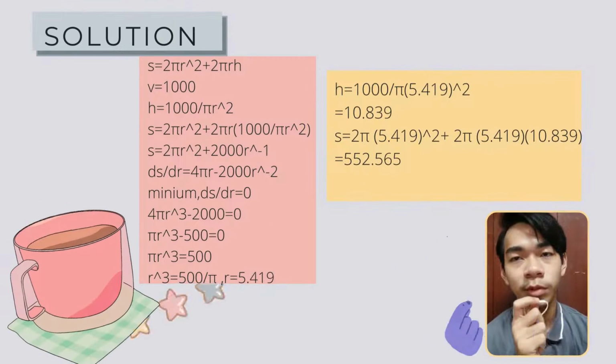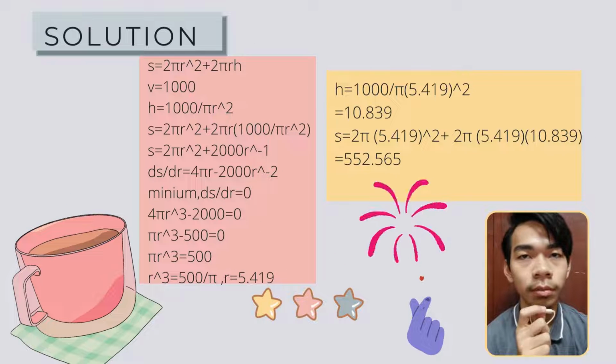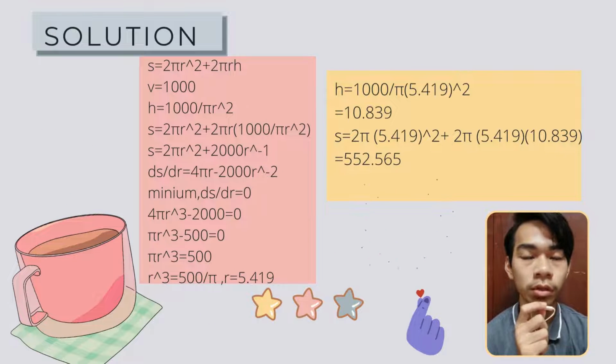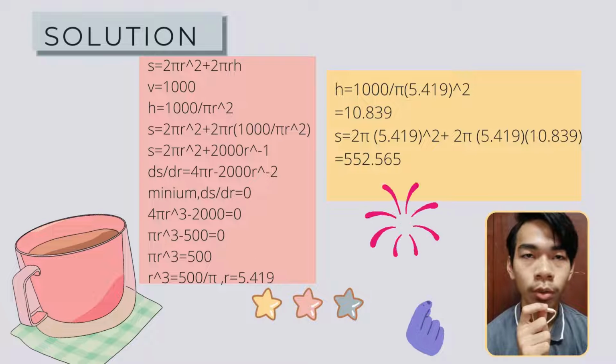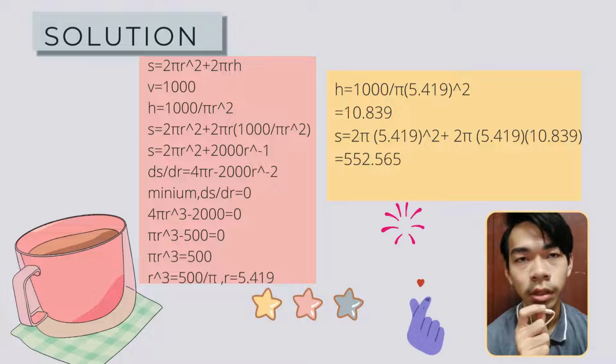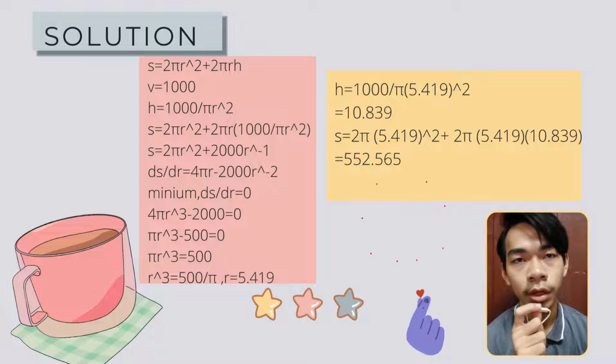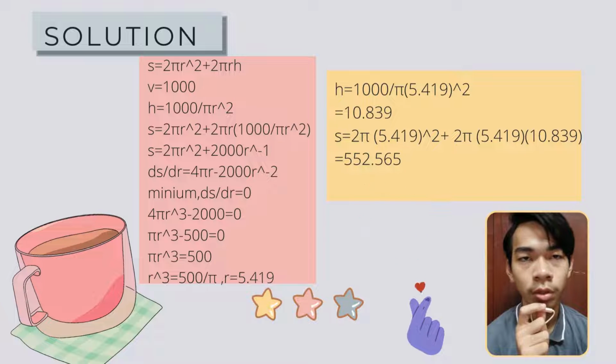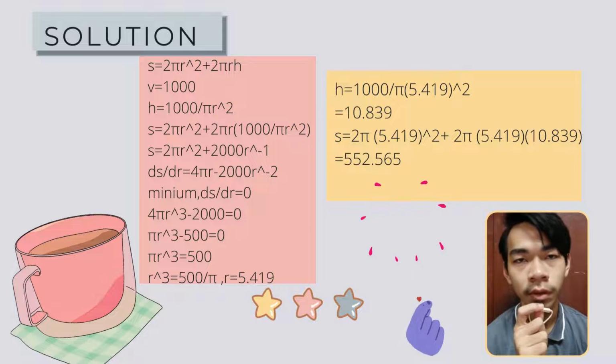My name is Mama Afi Benazmi. I will explain about the solutions. First of all, we know that the formula is S equal to 2 pi r squared plus 2 pi r h, and V equal to 1000, and h equal to 1000 divided by pi r squared.